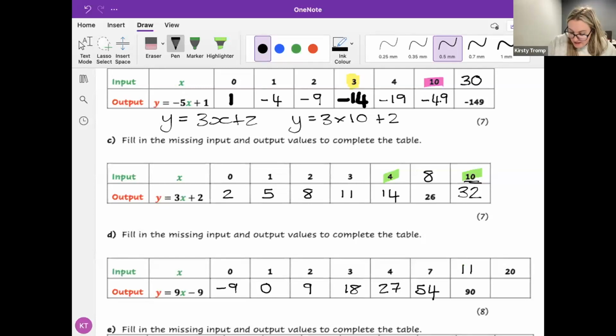Amazing. And let's do the last one together. 9 times 20 equals 180, and 180 minus 9 is equals to 171. You're amazing. Well done, Amar. Congratulations. Is this easy? Yeah. Good. Well done. Okay. So thank you to Amar for helping me out there.